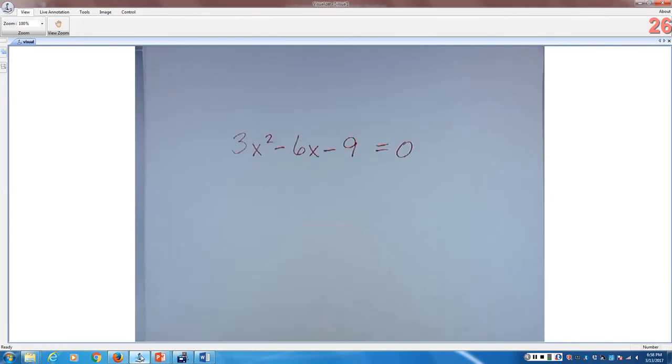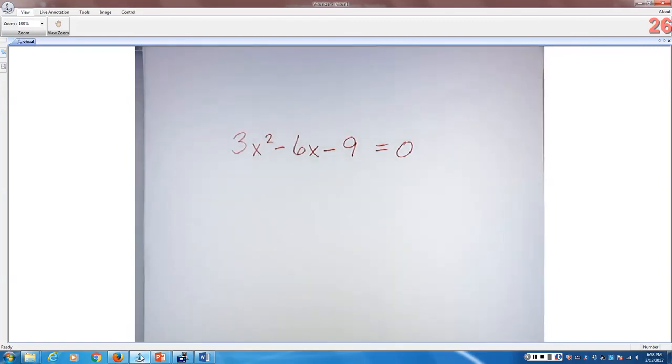Just as a reminder, because not everything factors, here is the quadratic formula.